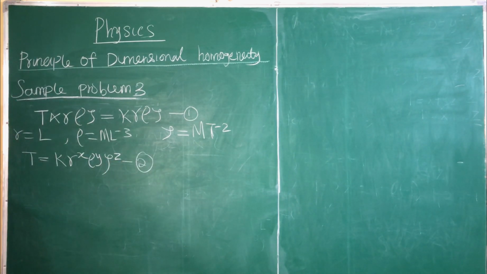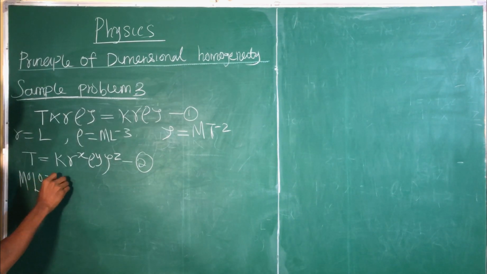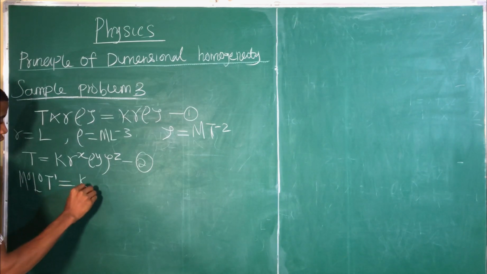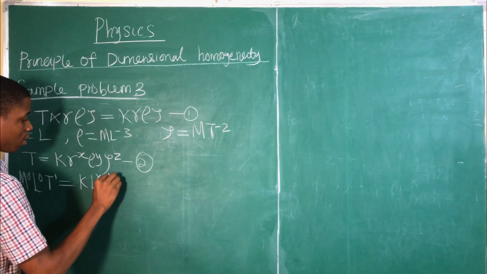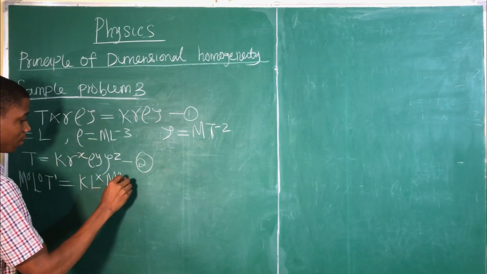Then the first step is to break this down in terms of fundamental units. Doing that, this becomes M0 L0 T1 is equal to K, L to the X, and let's open a bracket right away.